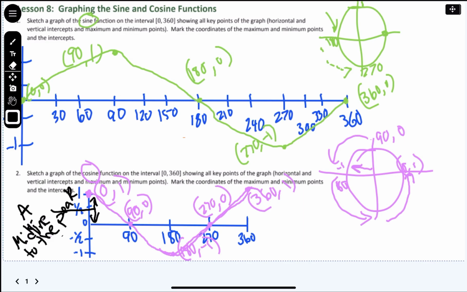Now, period is basically how often it returns back to its original state. This is one rotation, so it would have a period of 1, between 0 and 360.